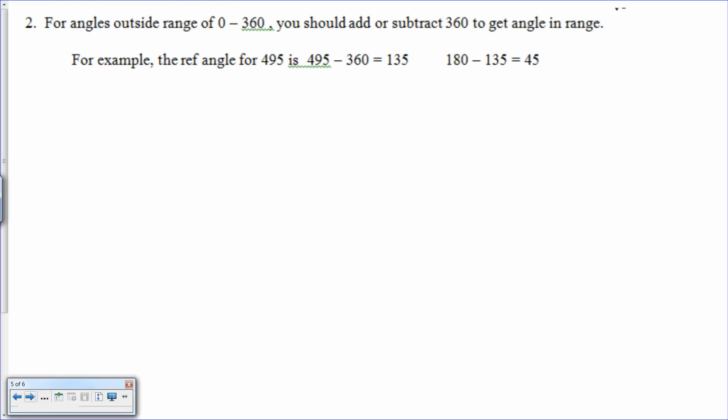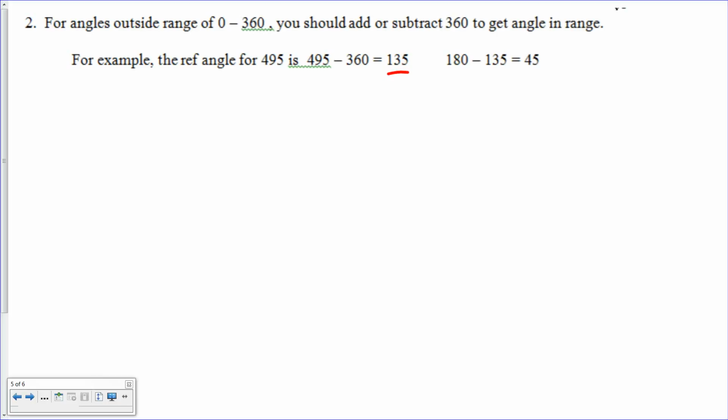One last comment, which is somewhat common sense, but I need to address it. If you have angles that are outside of 0 to 360, you want to put the angle inside 0 to 360, and the way to do that is either by subtracting or adding 360 degrees. For example, if you had 495 degrees, when you subtract off 360, you get 135 degrees, and therefore you can easily see your reference angle.